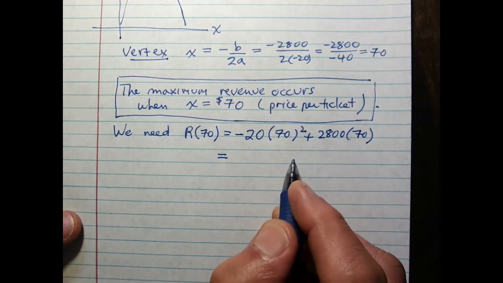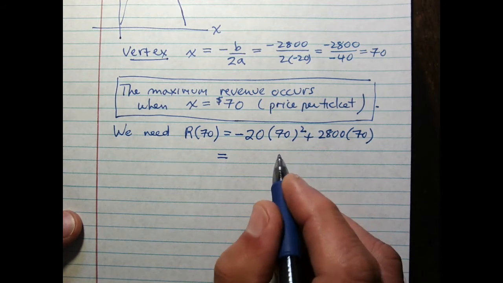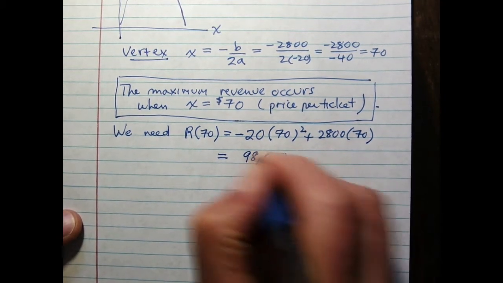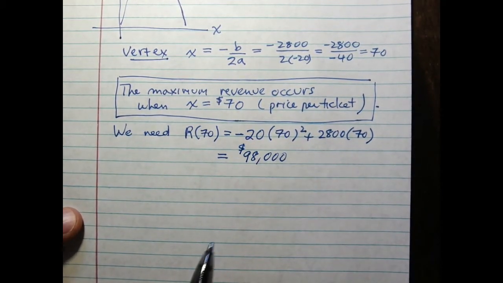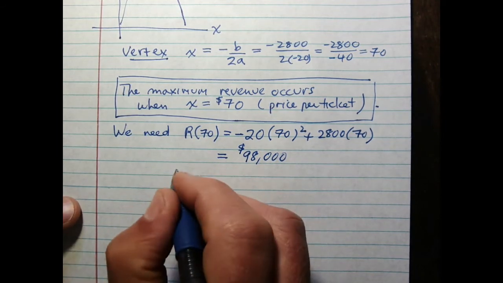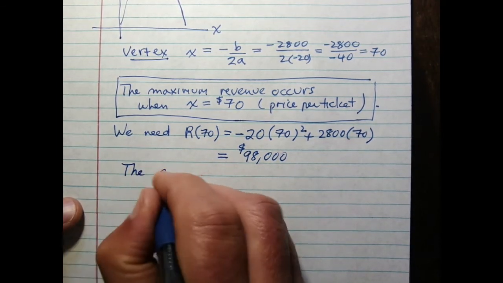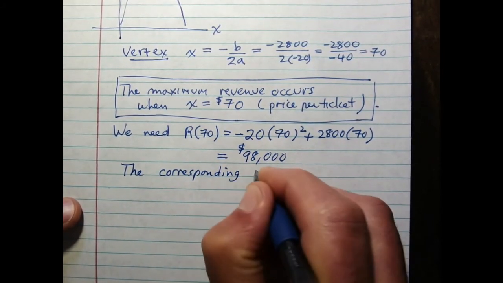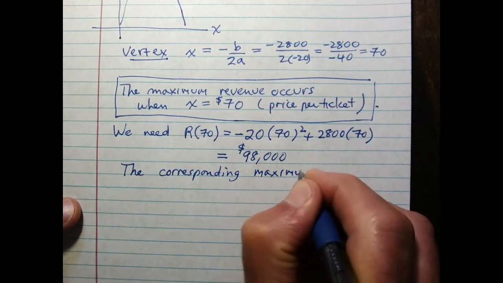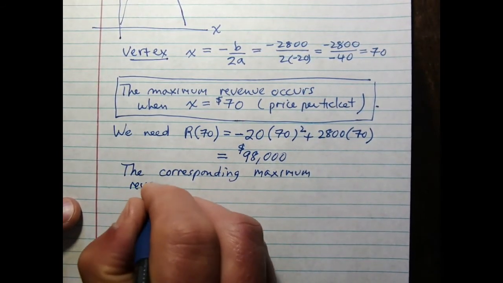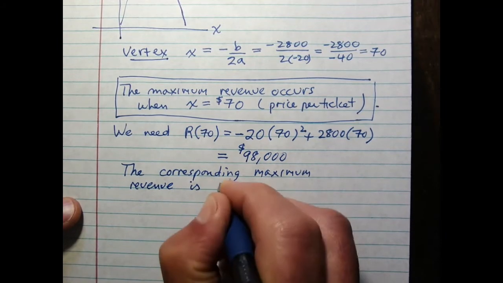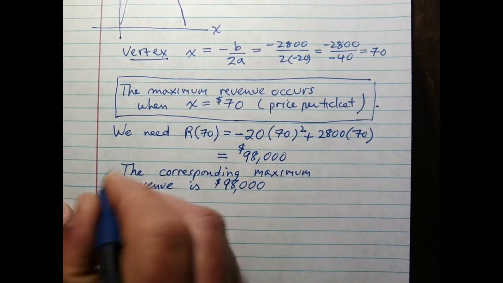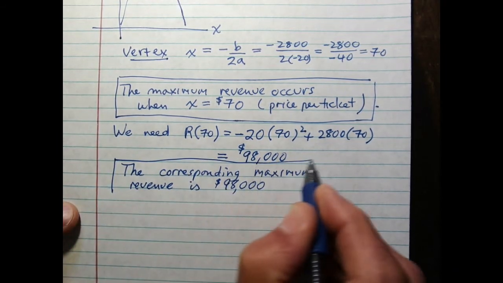I'm just plugging into the quadratic function, and I get $98,000. And so the corresponding maximum revenue is $98,000. No matter what price you charge for the tickets, you can't make more than $98,000.